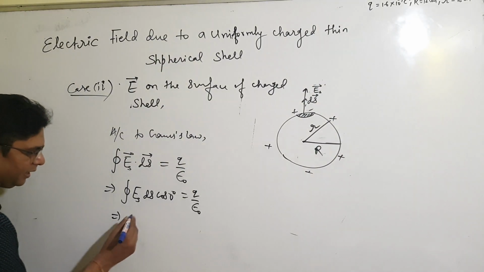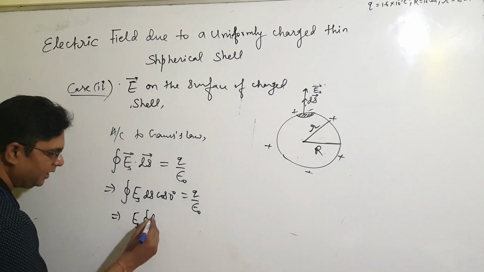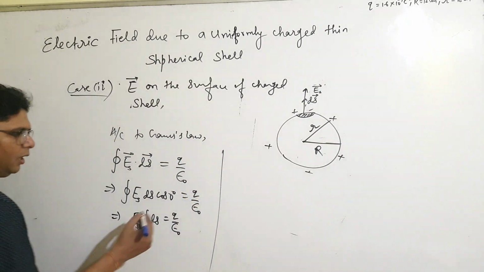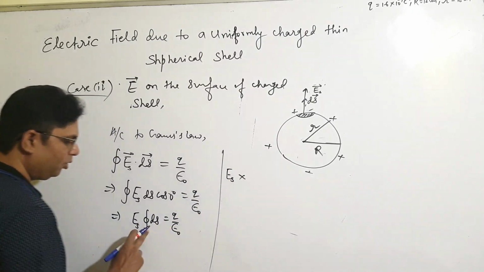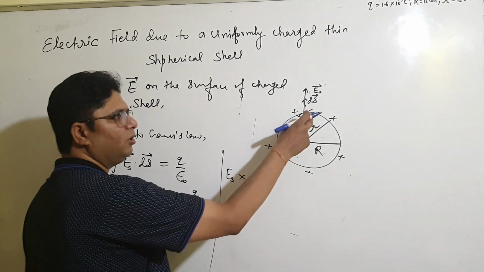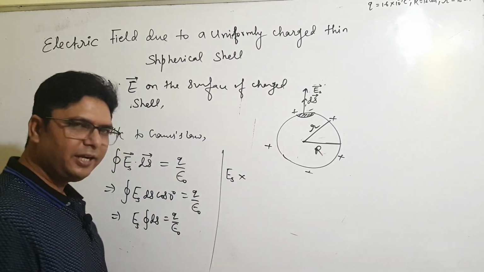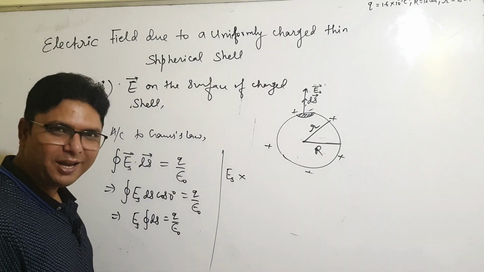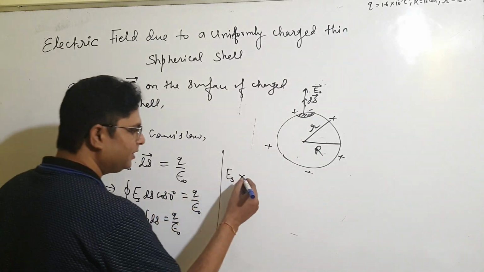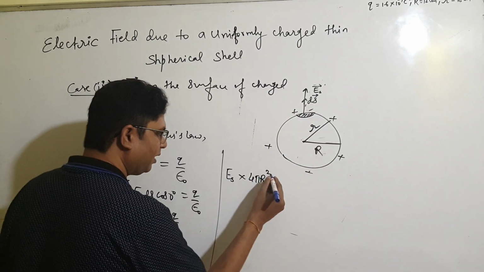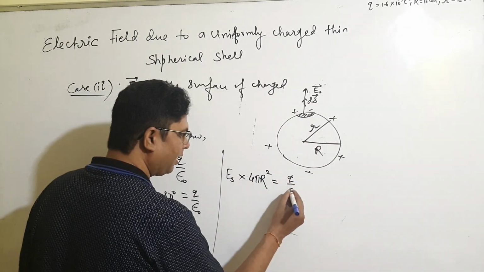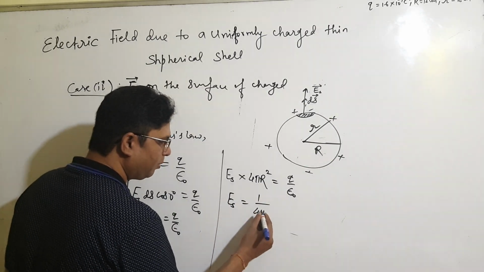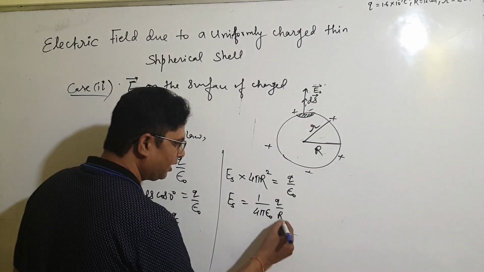The closed integration of ds over the surface gives the surface area of the sphere, which is 4 pi R square. So 4 pi capital R square times E_S equals q upon epsilon naught. So E_S is equal to 1 by 4 pi epsilon naught, q upon capital R square.